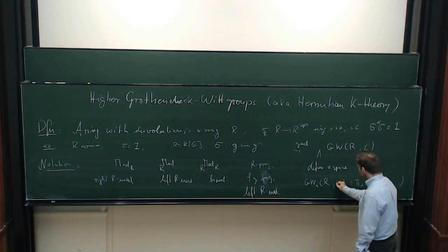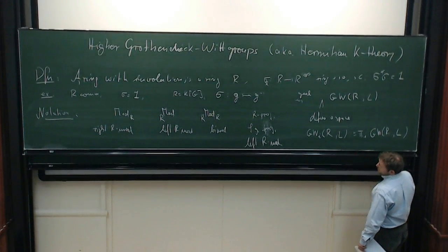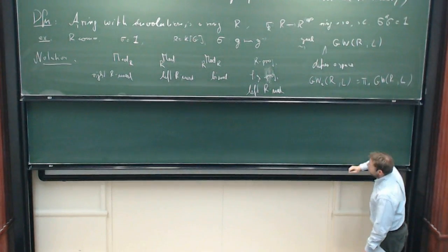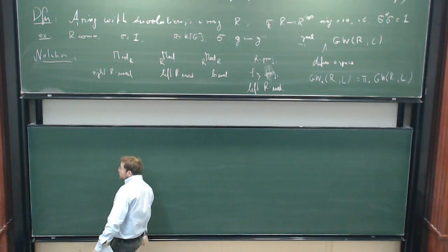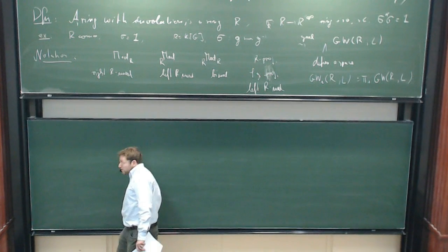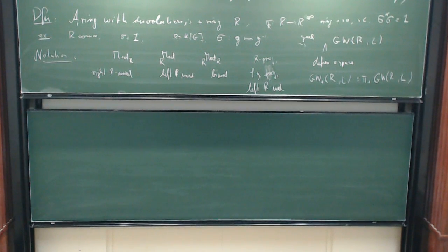So I have to define what that means. I write it down in a way that makes sense for DG categories, for instance, or differential graded algebras, because that will be useful later.